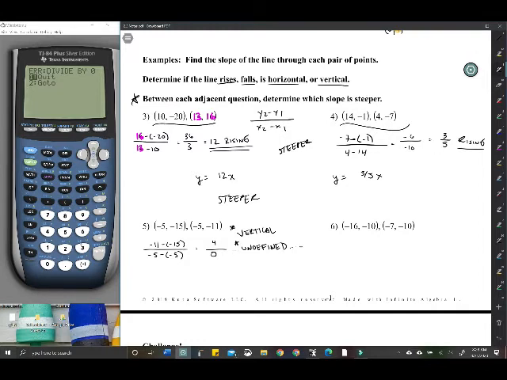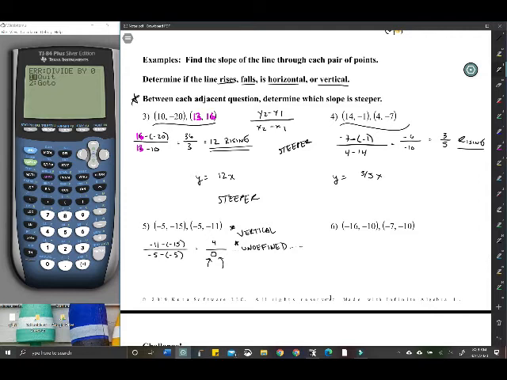Check out that song. It's going to be stuck in your head now. You're going to be in the grocery store or playing sports, and that's going to come to mind. The vertical line is undefined. Love it. Vertical line is undefined, 4 over 0. Anytime you have 0 in the denominator, that's going to happen. So we have an undefined line there.